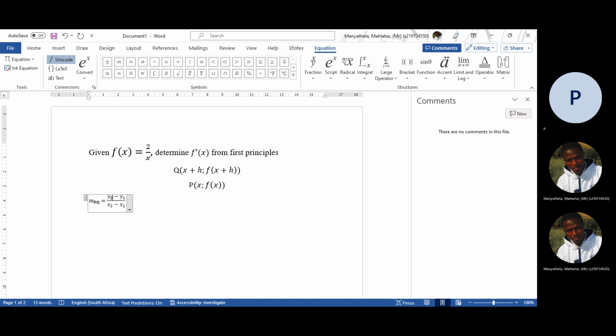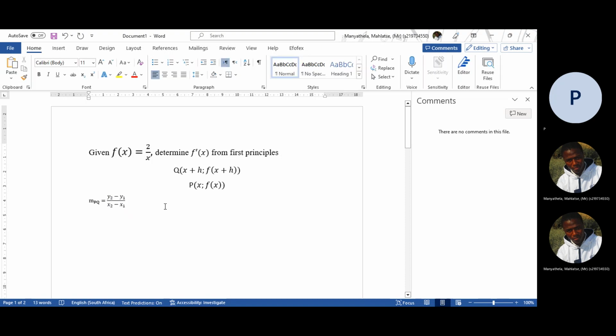So this is the formula to calculate the gradient of a function. If they're saying calculate a gradient given point P and Q, how are you going to calculate the gradient? You're going to use this formula.